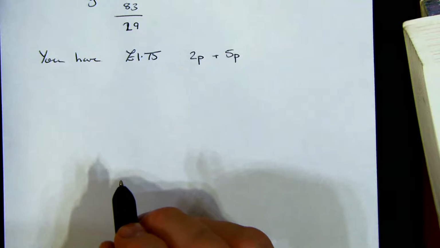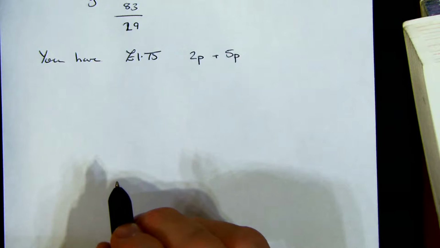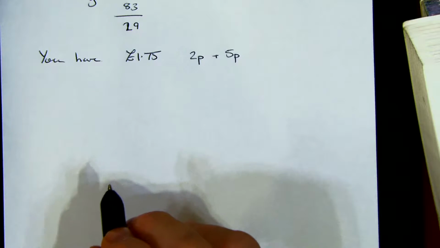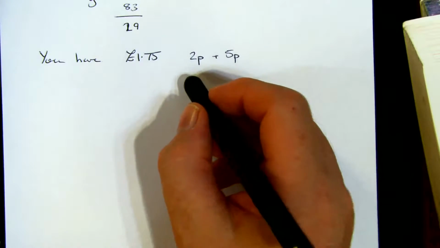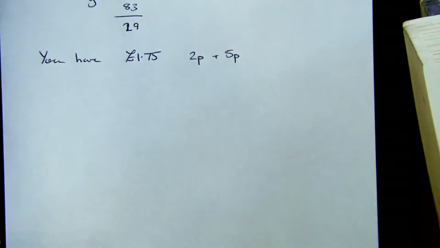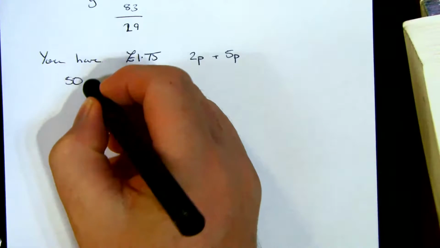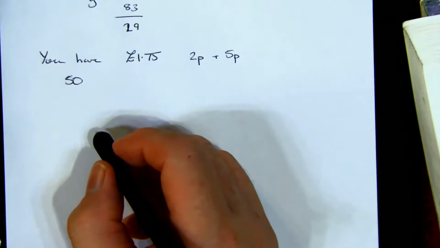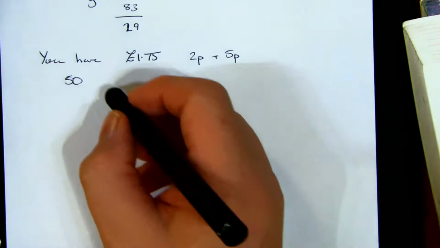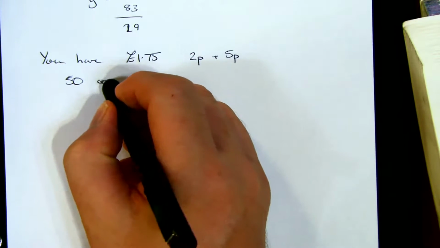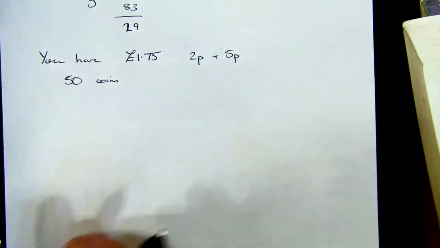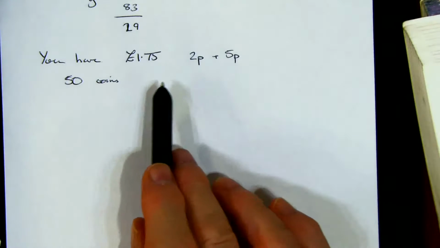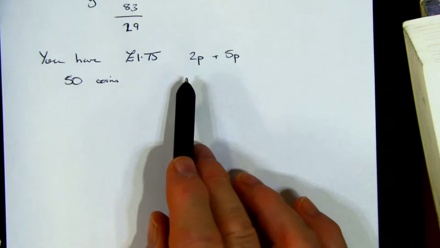Now, let's see what we can do. Suppose you've got 50 coins in your pocket. Let's see what we know.